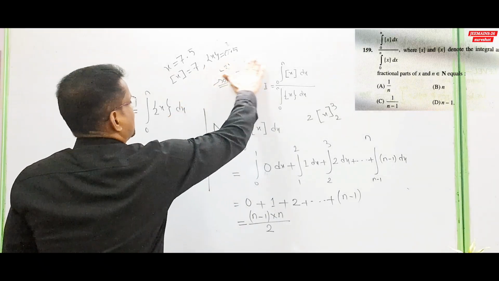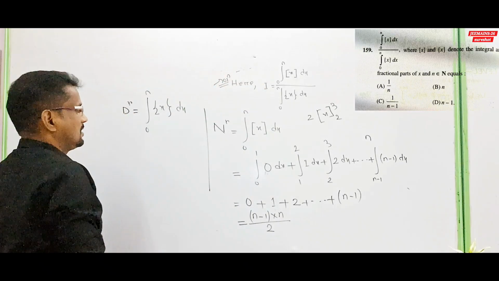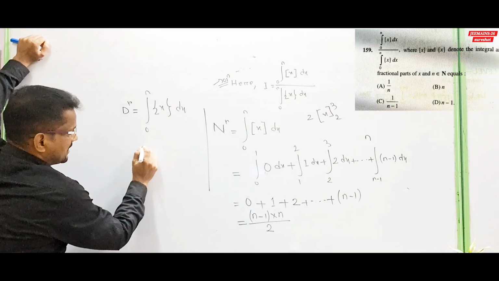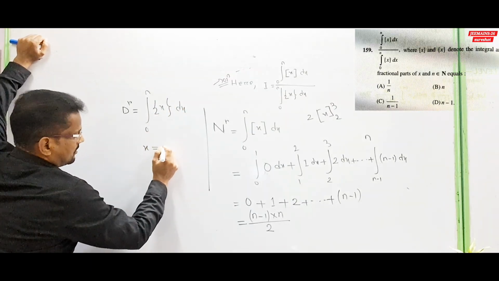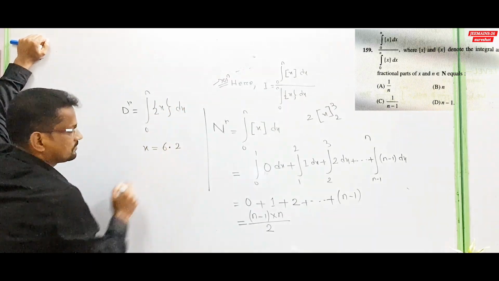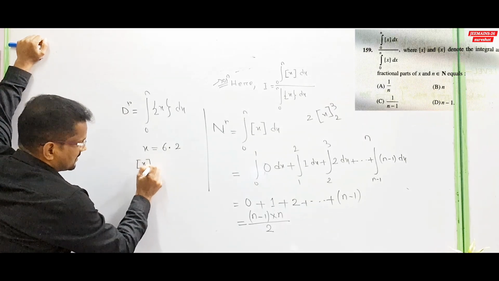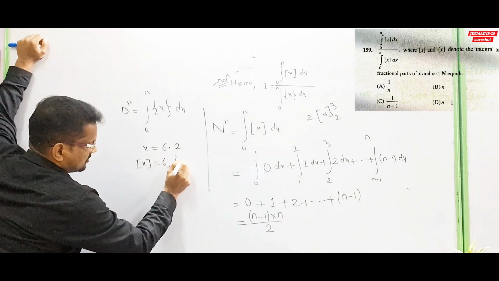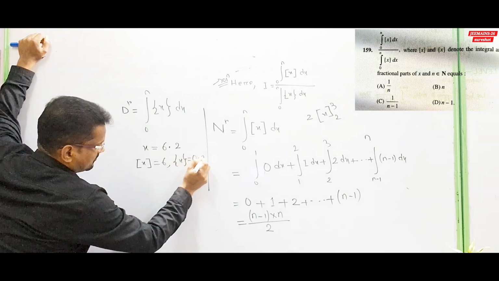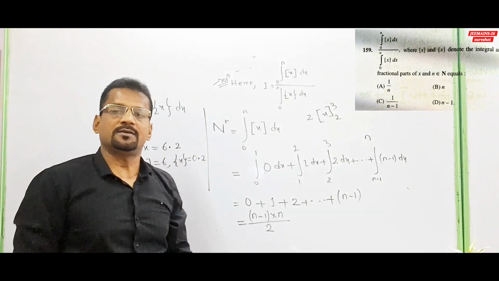Okay, let me explain taking some other example. Suppose x is 6.2. Using some symbols, the integral part of x is 6, and the fractional part of x is 0.2. This step is clear.